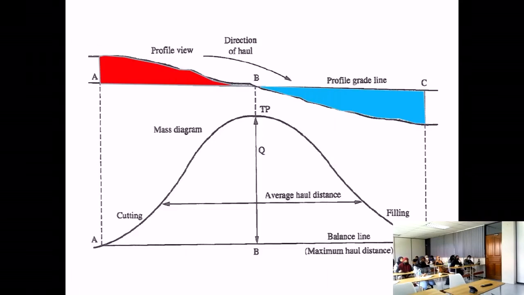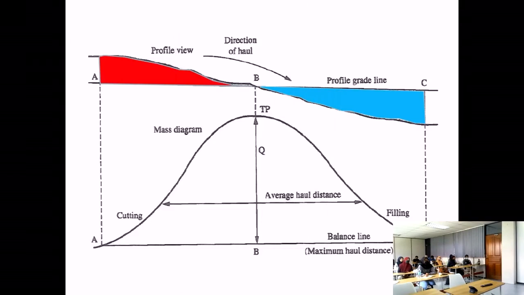But actually in practical sense, the project doesn't end there, because there is more ahead. So that means the mass haul diagram is long, from point A to C to D, E to Z. Americans say Z. So if you watch American movies, they say Z. So anyway, A to Z or A to C, there will always be up, down, up.